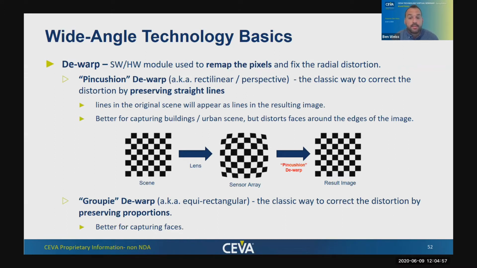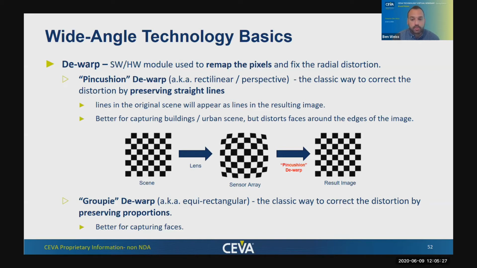Immervision provides a de-warp module to fix the radial distortion. De-warp is a process used to remap the pixels in the image and fix the radial distortion. Pincushion de-warp, also known as rectilinear or perspective de-warp, is the classic and standard way to correct the distortion and to make sure the lines are straight after processing the image.